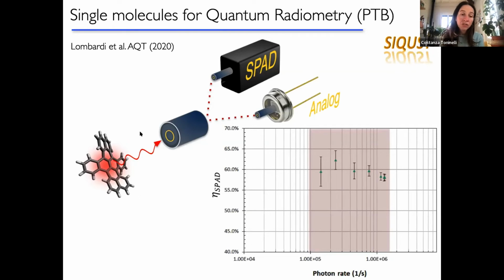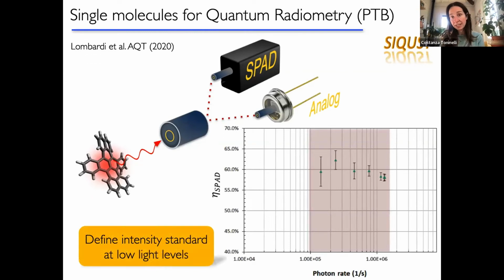The fact that you can have a high count rate from your molecules in a narrow frequency band means that you can use this as a secondary standard. This worked nicely. We did this calibration, and that was published. Now we are aiming, in another European project, to propose the molecule as a novel intensity standard, of course talking about low light levels.